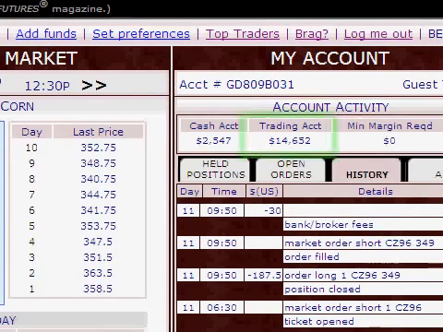Up here in our account history, you can see that the money has been added to our trading account. So let's do a recap of the math. We went long on 5,000 bushels of December 96 corn at $335.75. After 4 days, we went short on 5,000 bushels of December 96 corn, and the price was $349.